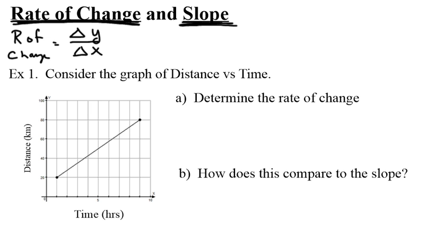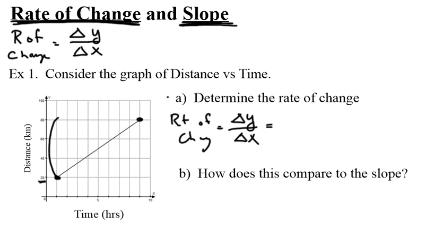So for our graph here, first thing is determine the rate of change. Well, rate of change is change in y, our dependent, over change in x, our independent. Point to point, what's our vertical change? We're going from 20 to 80.